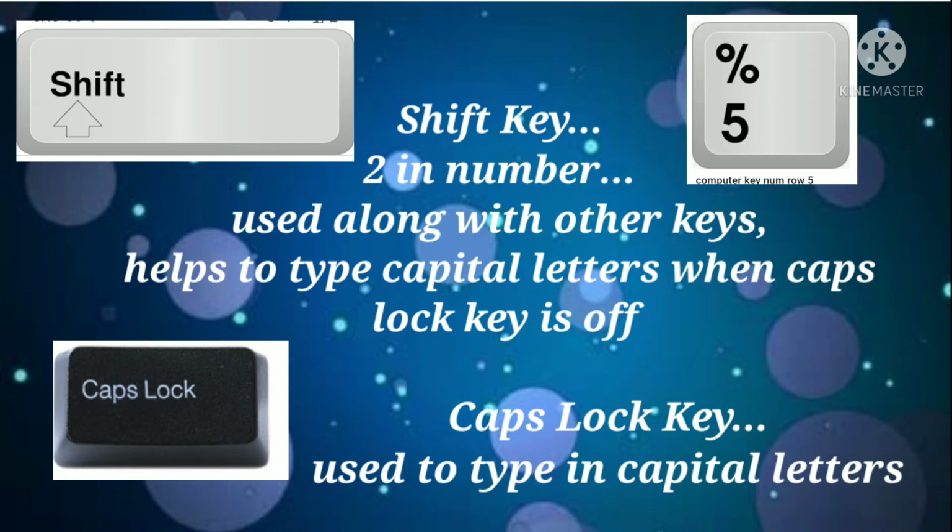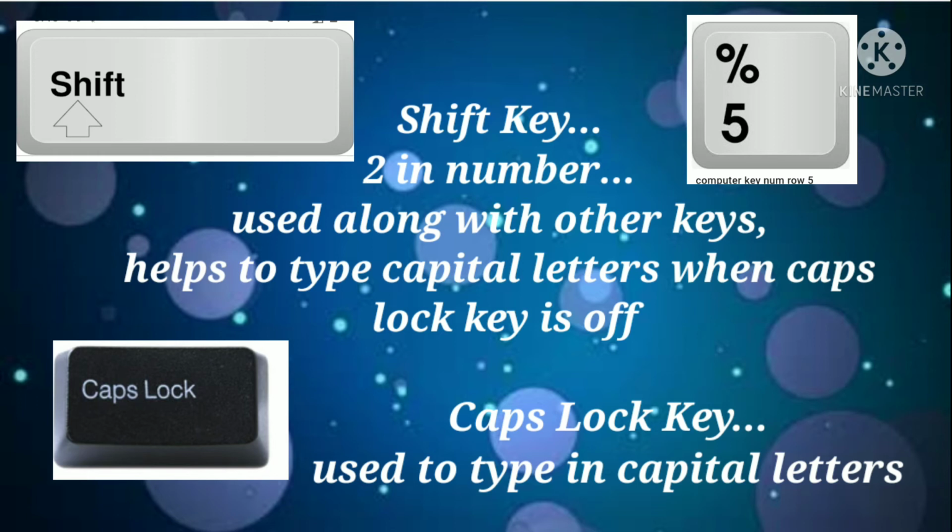For example, you have 2 characters mostly where symbol keys or number keys are. An example being the percentage symbol on the screen will come only if you press the shift key along with the number key 5 at the same time.